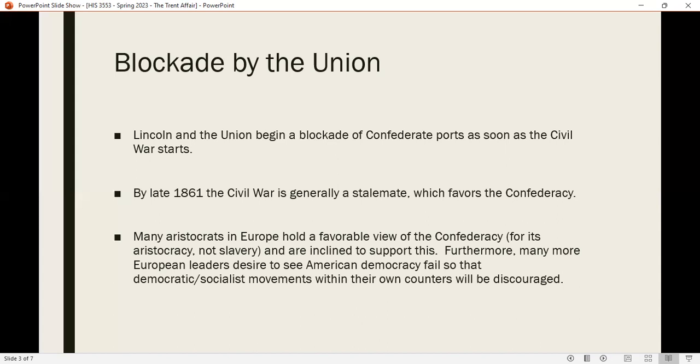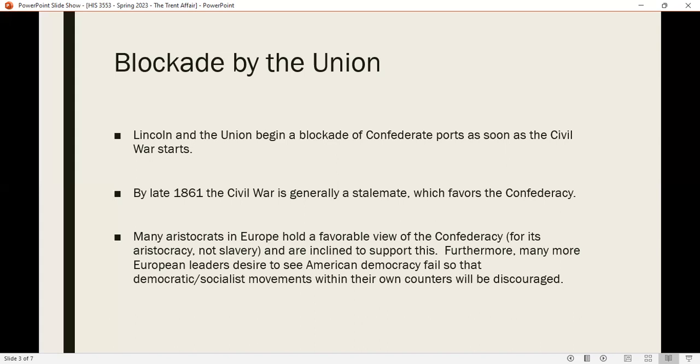Furthermore, a lot of the political leaders are looking to show that American democracy is a failure, and that the aristocracy of Europe is the way to go. Look, even the Confederates have figured this out and broken away from those evil, tyrannical, Northern democratic abolitionist, kind of crazy people.